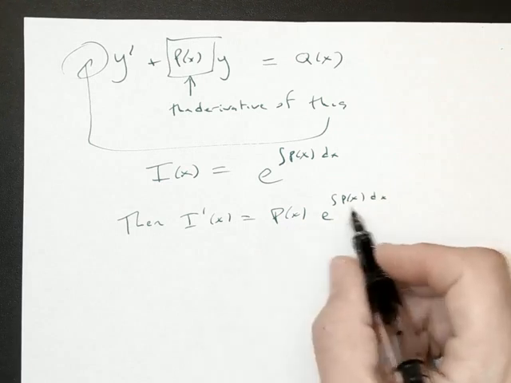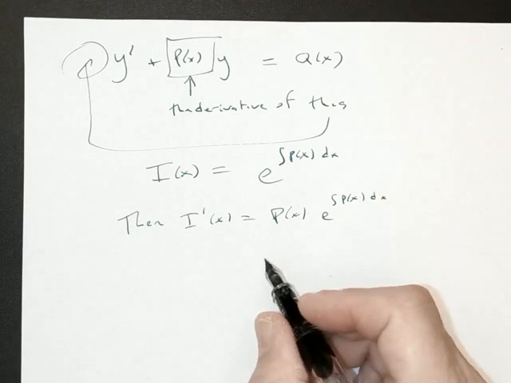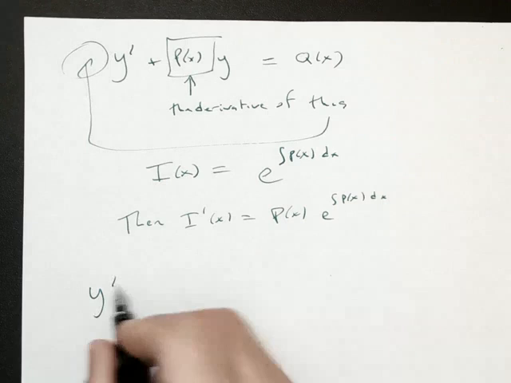And since I used an integral up there, when I take the derivative of the integral, I get the stuff back, don't I? Holy crap.